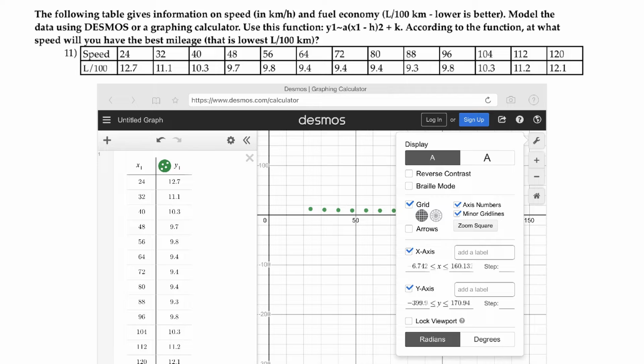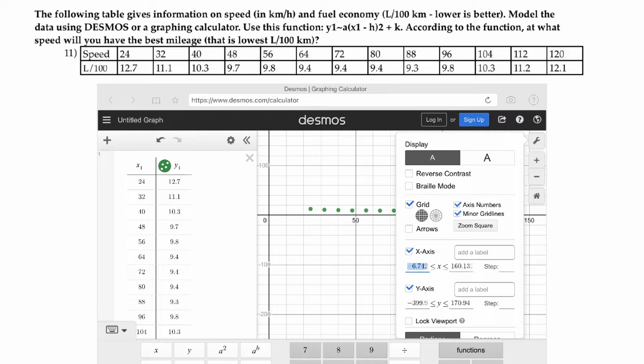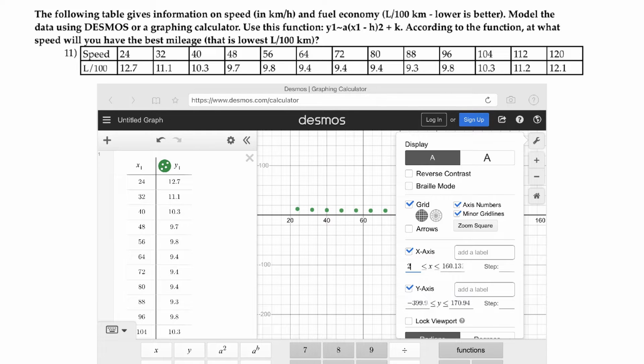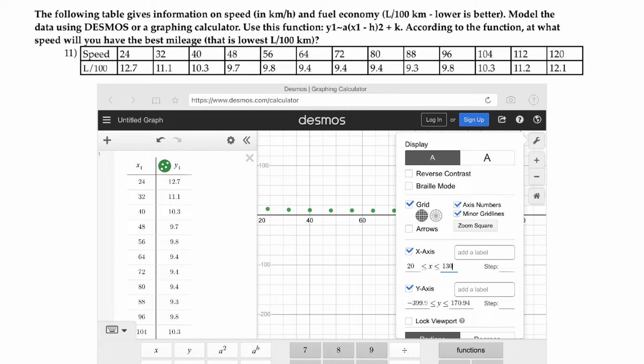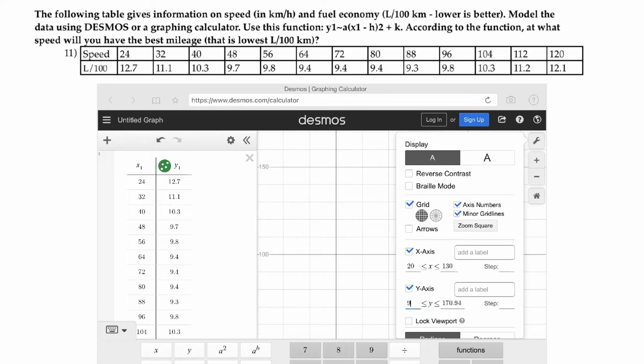I look at my x's and say I'm going from 24 to 120. So let's do that. Maybe I'll go a little early. So let's go from 20 to maybe 130. That'll be my x's. And then my y's, it looks like the smallest one's 9.4. So why don't we say 9? And the biggest one is like 12.7. So let's maybe go to 15.